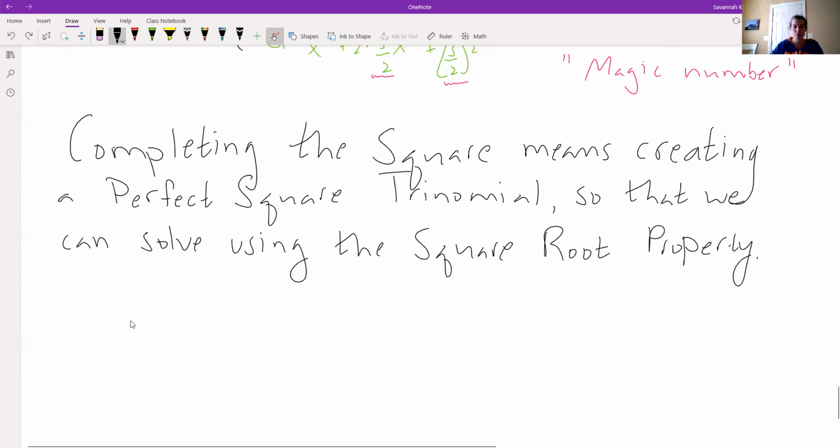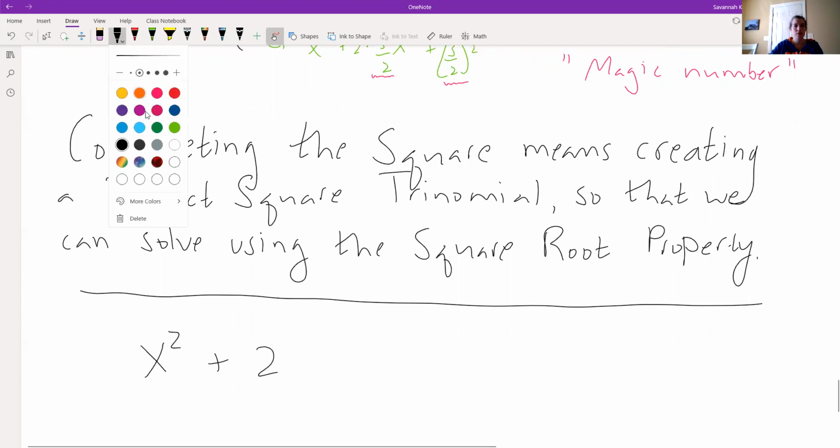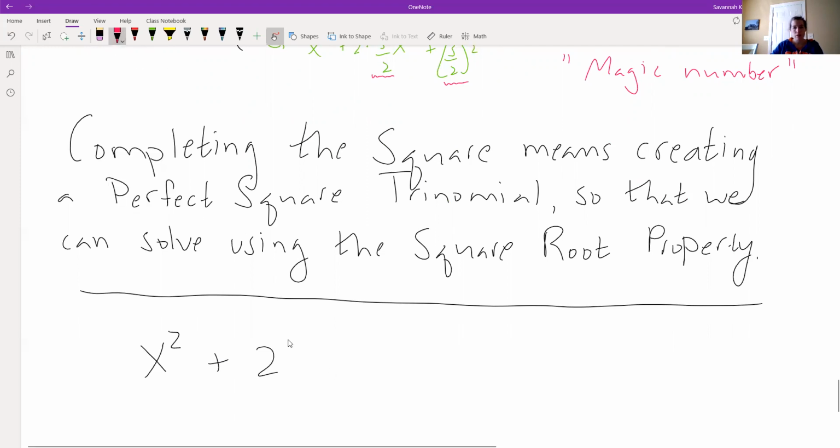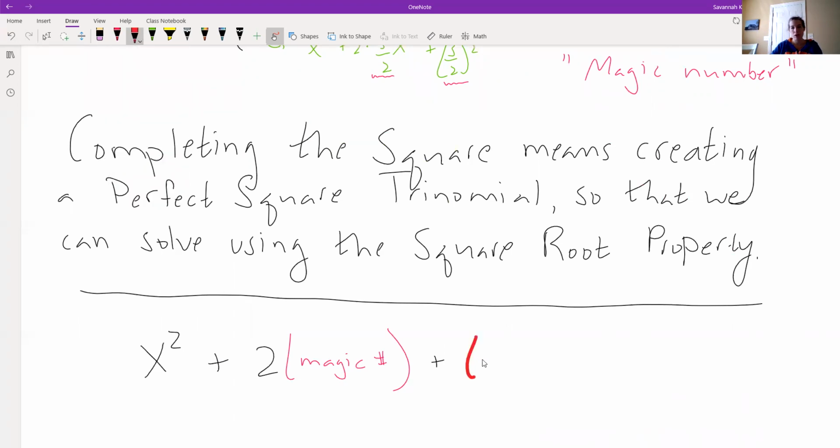So I'm going to use x to represent the variable. So the pattern is that x squared plus 2 times the magic number, whether that magic number is positive or negative, plus the magic number squared.